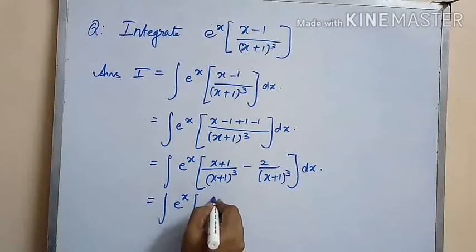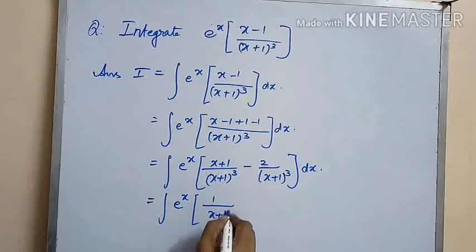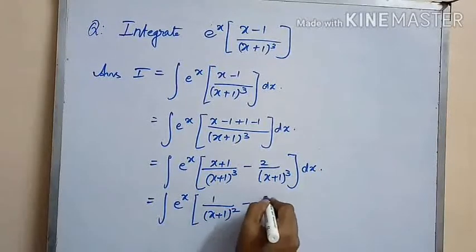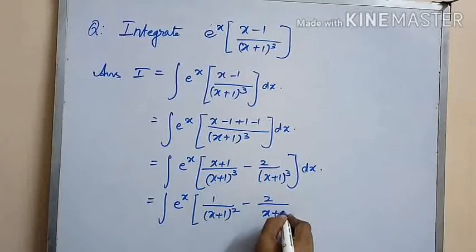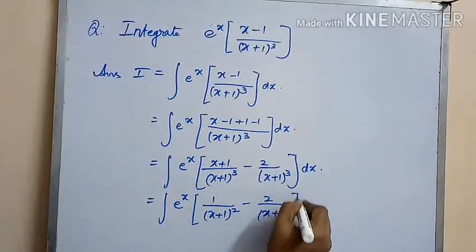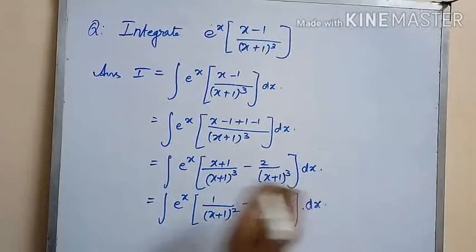The next step will give e to the power of x into 1 by x plus 1 the whole squared minus 2 by x plus 1 the whole cube into dx.